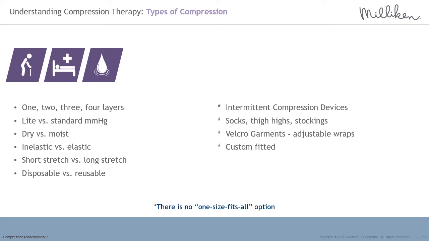Elastic or inelastic. Materials designed to deliver different therapeutic effects. We will explore these in more depth shortly, but these are often referred to short stretch or long stretch. So short stretch will be an inelastic and long stretch will be elastic.